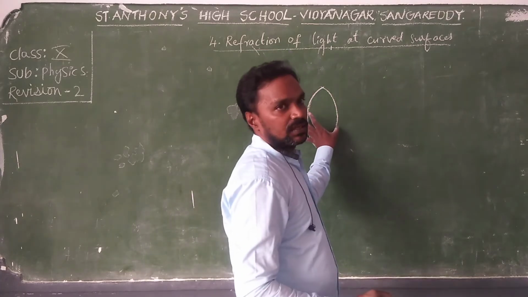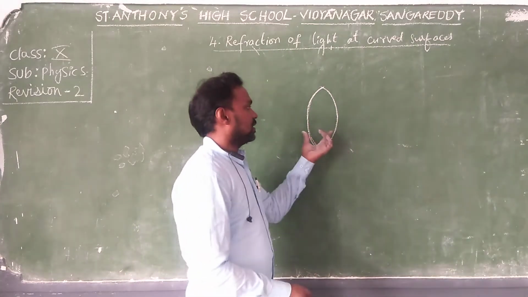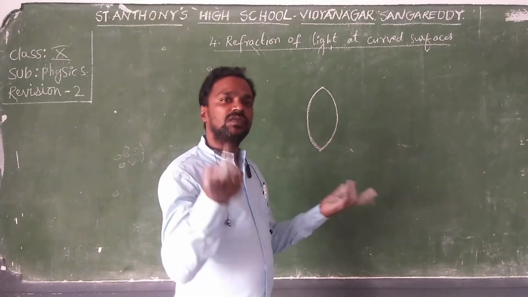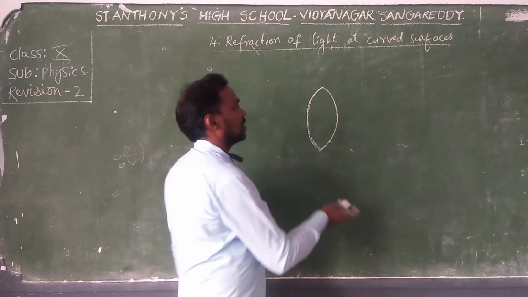Double side convex, both sides convex. Bi means two, and double convex means two.